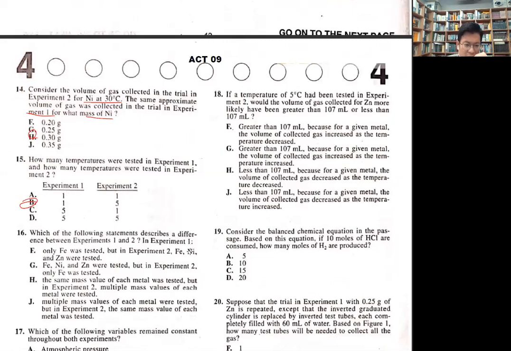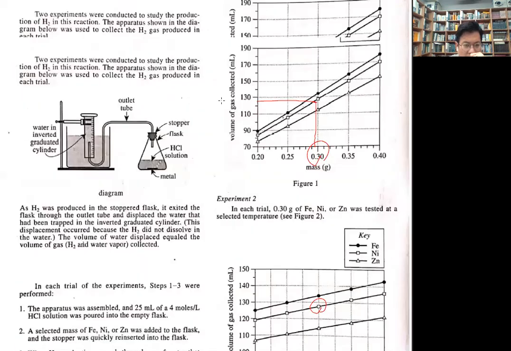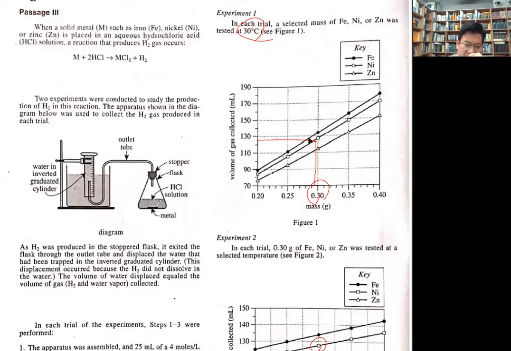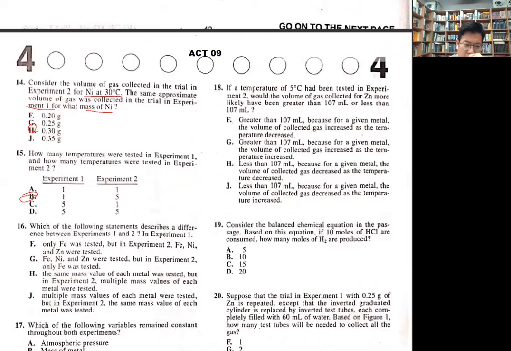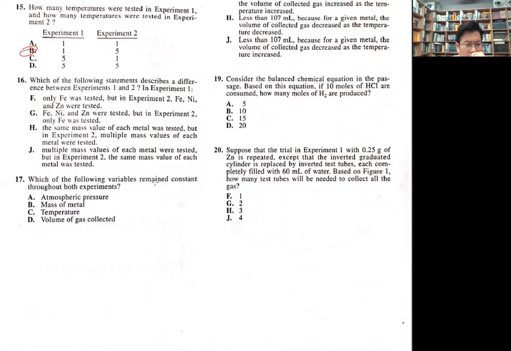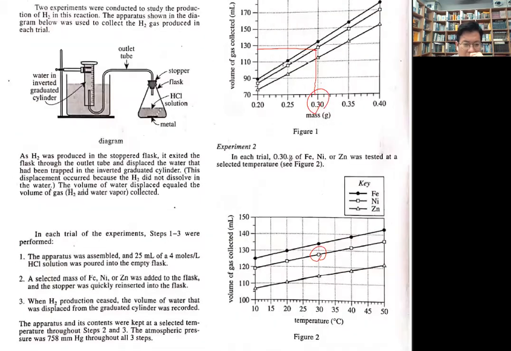Which of the following statements describes the difference between experiment 1 and 2? One is more about mass, how different mass will show different volume of gas, and how different temperature is in 2. So mass, and then same mass for this one, because this is the same mass as 0.3.